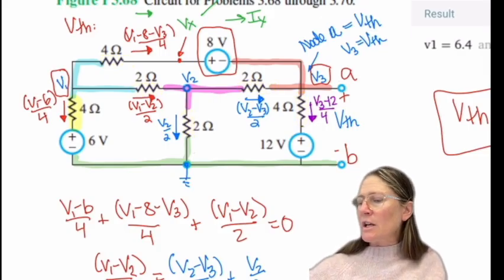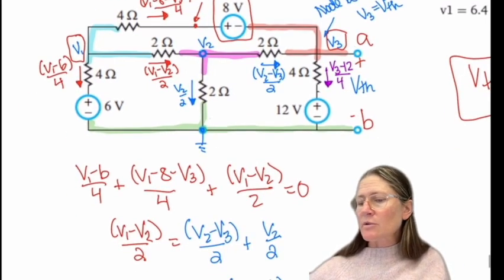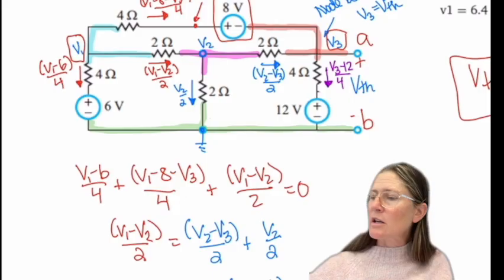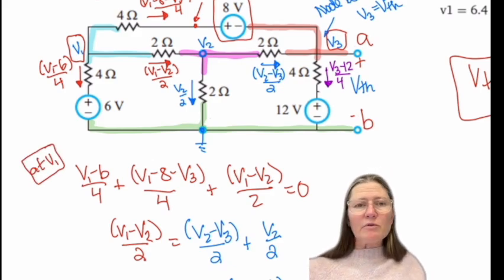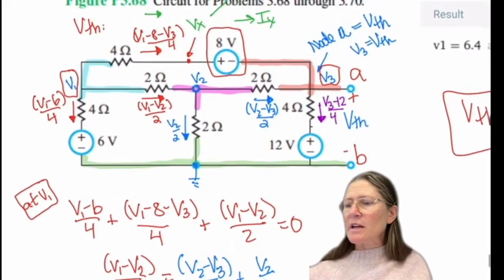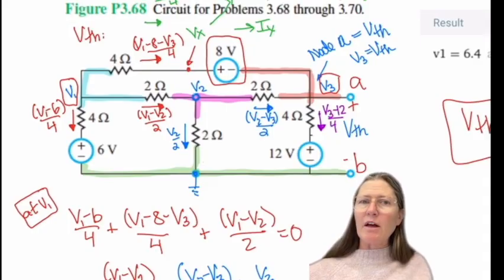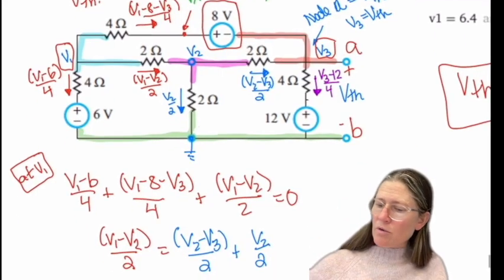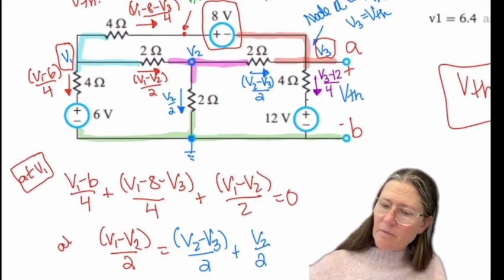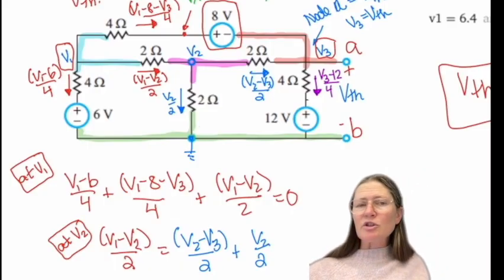So after defining each of those currents, doing a current summation at each of the nodes. So this is at the V1 node. You have V1 minus 6 over 4 going out, V1 minus V2 over 2 going out, and V1 minus 8 minus V3 over 4 going out of that node. And then at the V2 node, you have V1 minus V2 over 2 going in, and then the other two are going out.